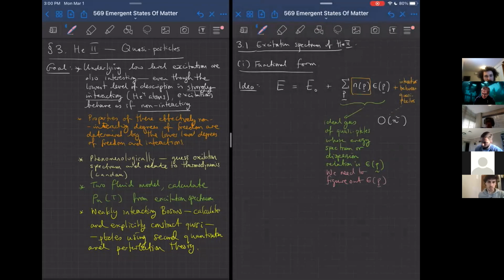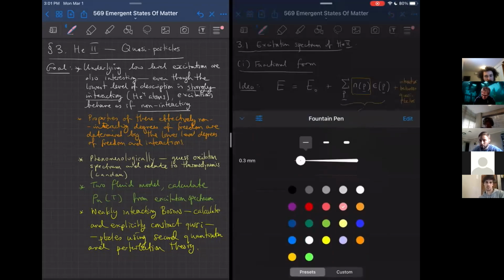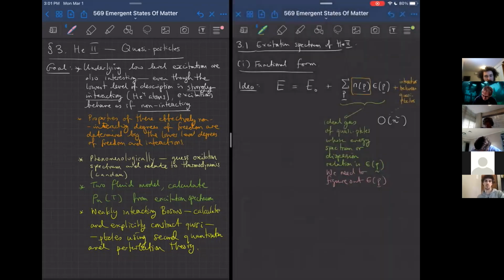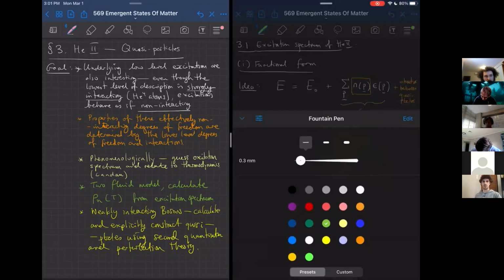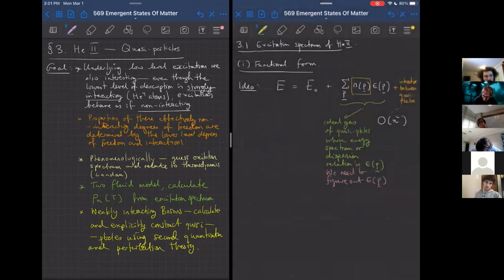And then this part over here, actually, let me use a different color so you can clearly see it. So this part over here is the ground state. And of course, the ground state is going to depend in some very complicated way on the interactions between the helium-4 atoms, or whatever are the degrees of freedom that are underlying. So the ground state is very complicated.